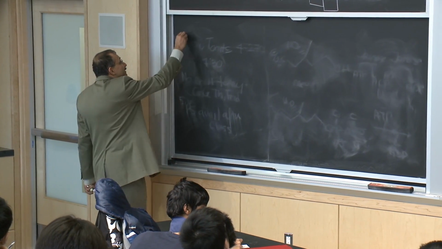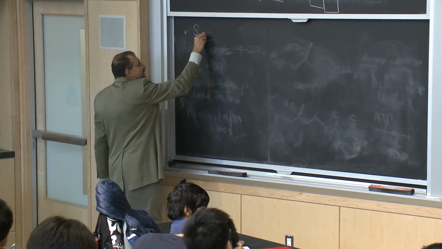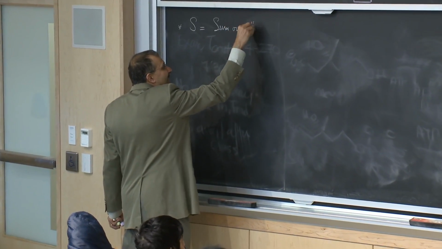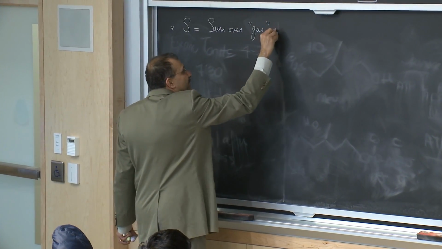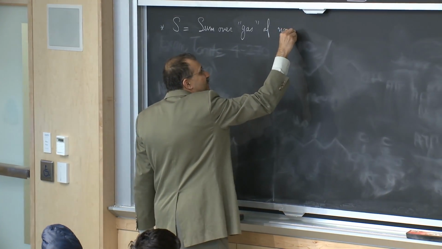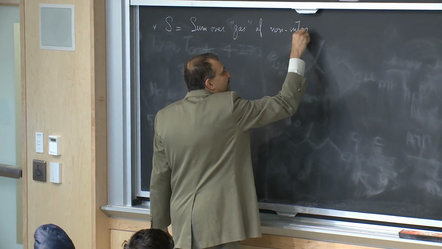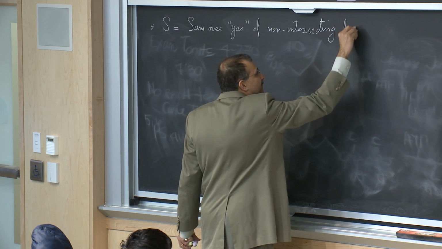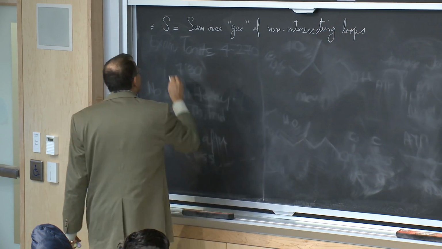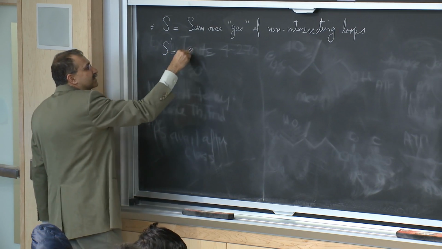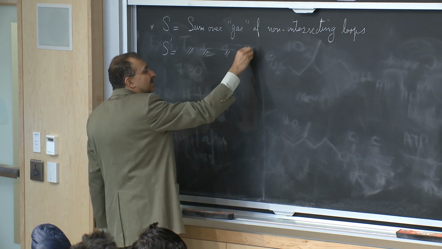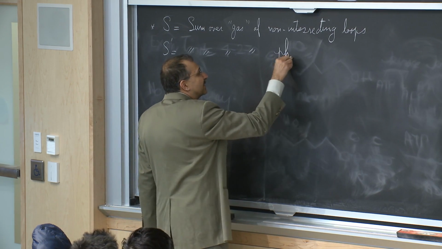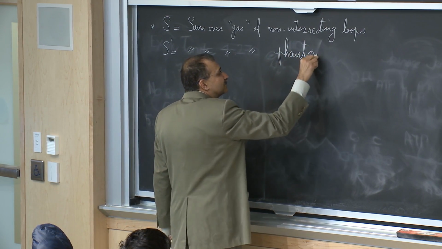So very naively, S is sum over, if you like, a gas of non-intersecting loops. Whereas S prime is a sum over gas of what I could call phantom loops. They're kind of like ghosts. They can go through each other.